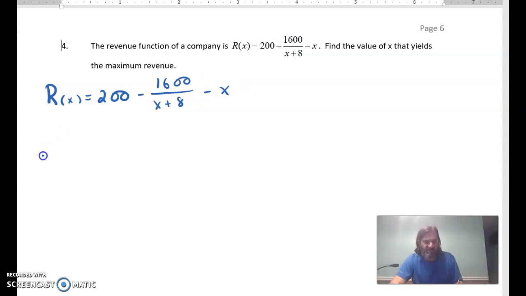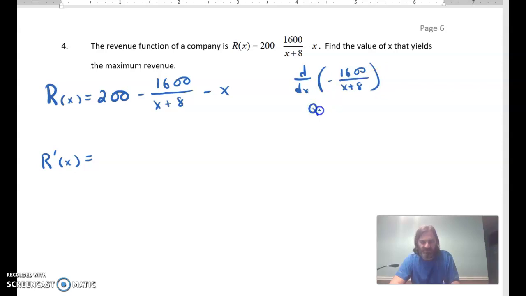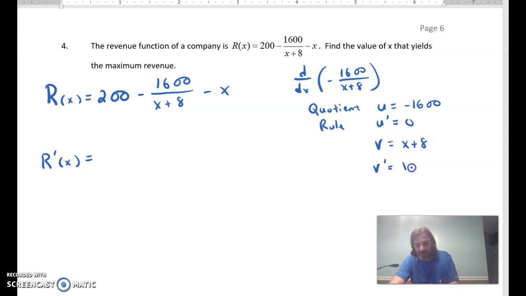So I want a derivative of this function, so R prime will be the 200 goes to 0, and when we go to find the derivative of negative 1600 over x plus 8, that's going to be a quotient rule. So the u would be negative 1600, the u prime would be 0, v would be x plus 8, and the v prime would be 1.